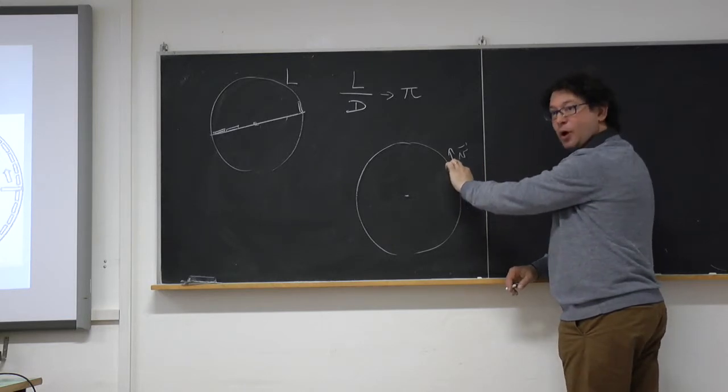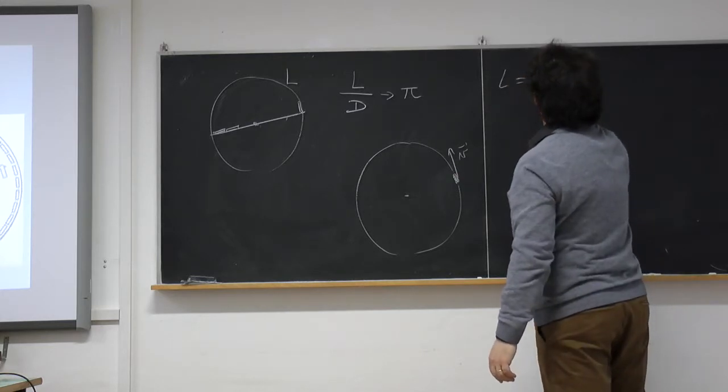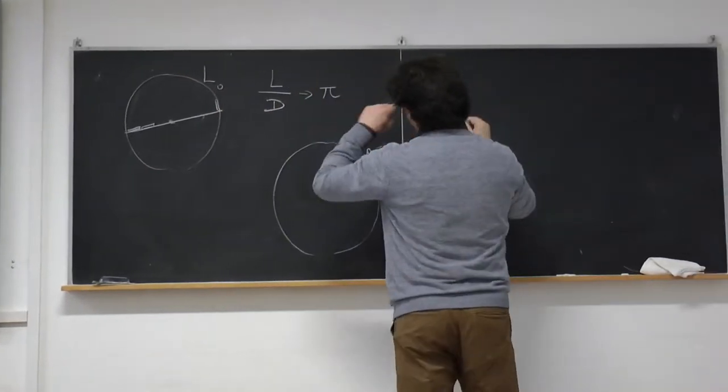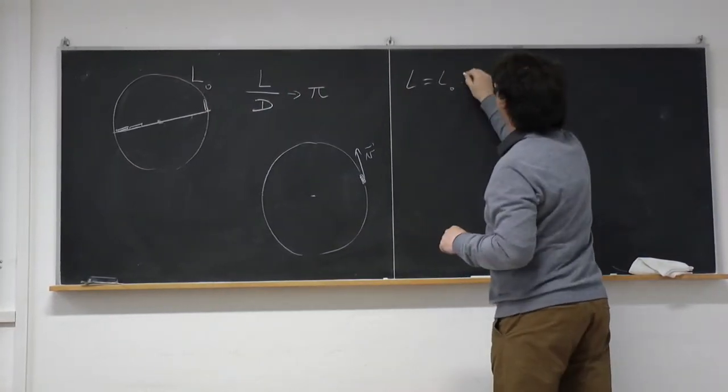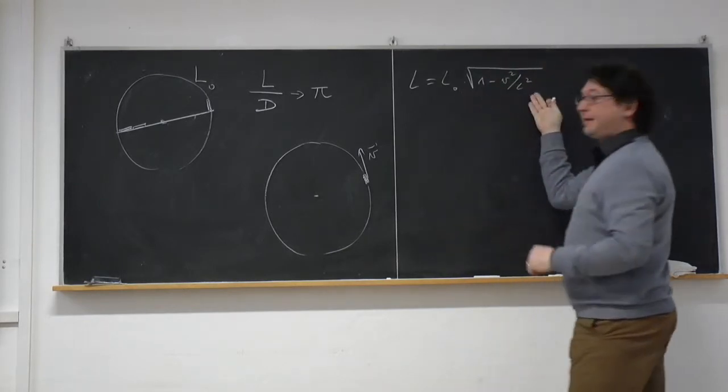So here you should have L naught, so to speak. Roughly speaking, L is L naught times the relativistic factor.